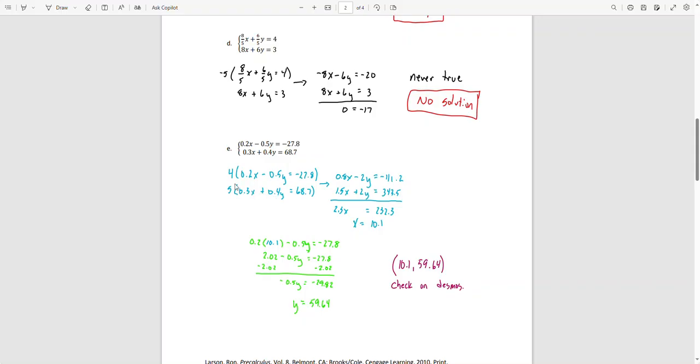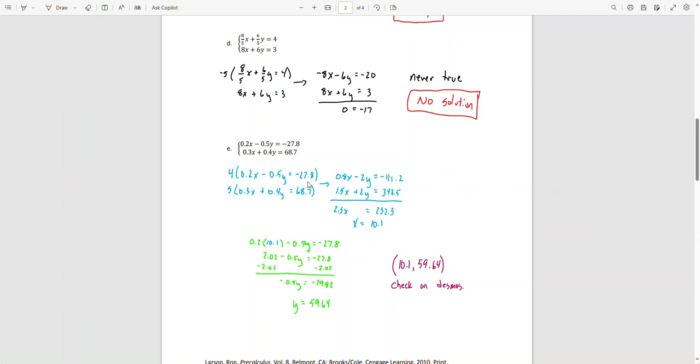Let's check it out. 4 times 0.2x is 0.8x. 4 times negative 0.5 is negative 2y. And 4 times negative 27.8 is negative 111.2. I know it's negative 111.2 because I had to do that 4 times just to figure out where I made my mistake.